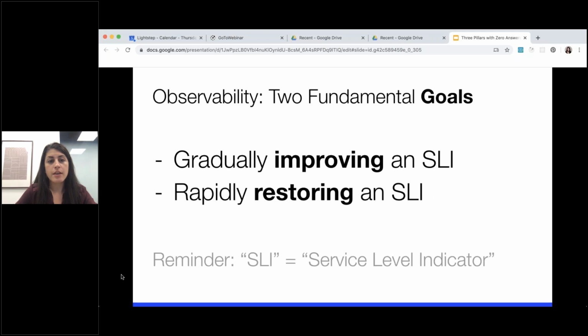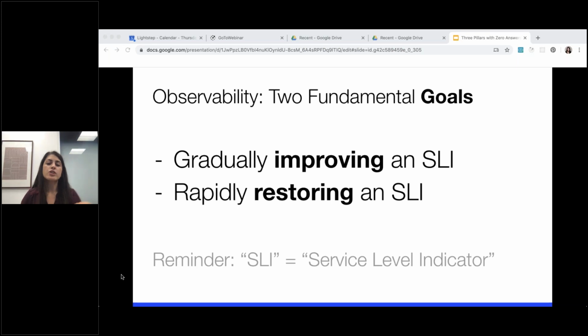So in observability, we've talked about the mental model of having goals and activities in service of those goals. And the two major goals in observability are the following. Firstly, we, as software engineers, want to gradually improve a particular SLI. And we also sometimes need to rapidly restore an SLI.